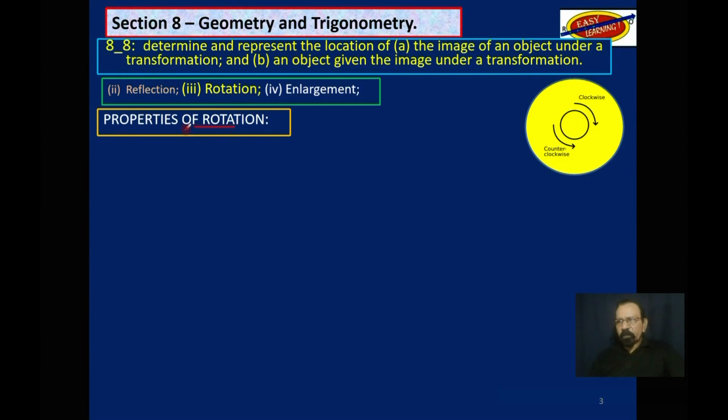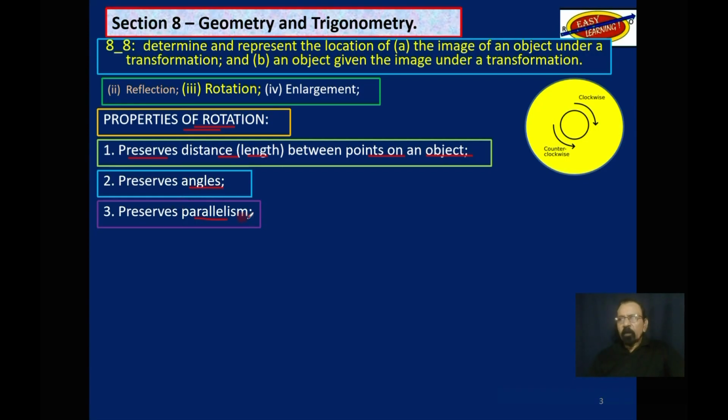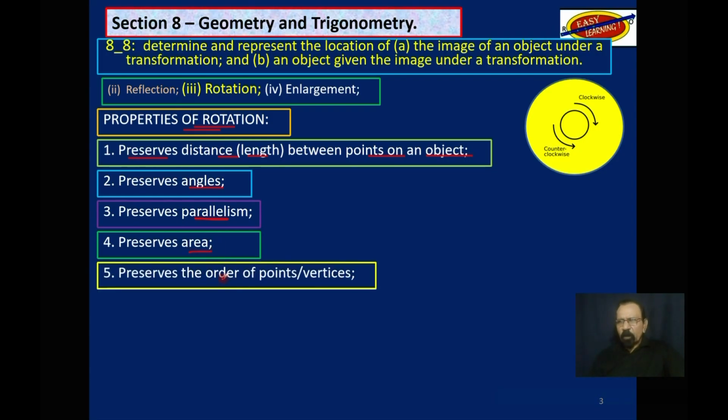Now, properties of rotation. Whenever an object undergoes rotation, these are the things that remain the same. 1, preserves distance or length between points on each object. The object is not distorted. It stays the same in terms of length between points on the object. 2, preserves angles. 3, preserves parallelism. 4, preserves area. 5, preserves order of points or vertices.